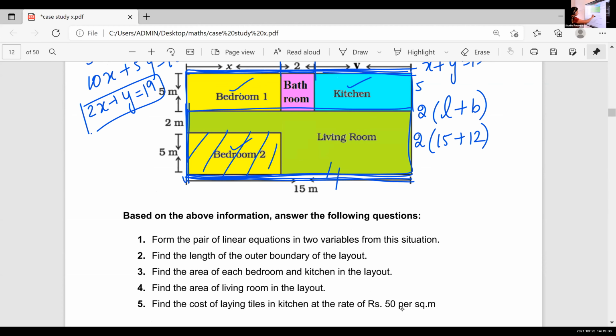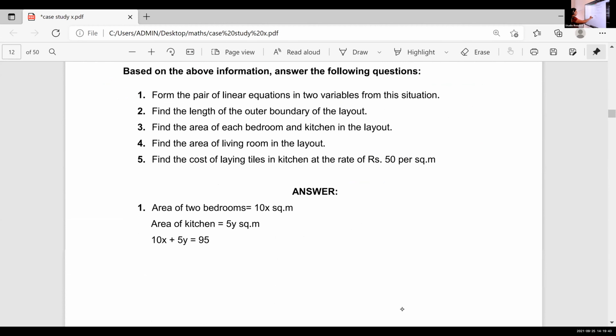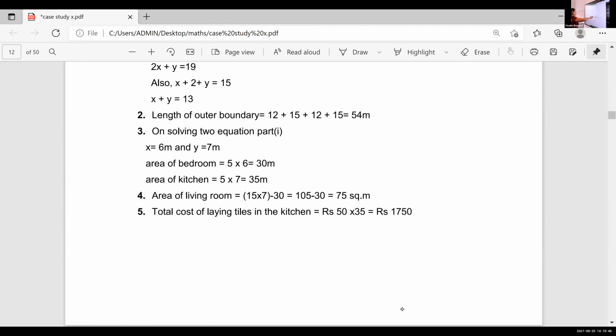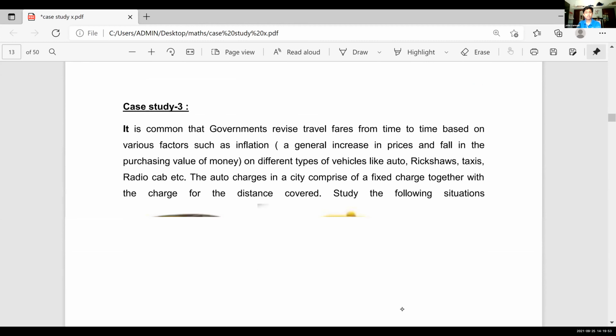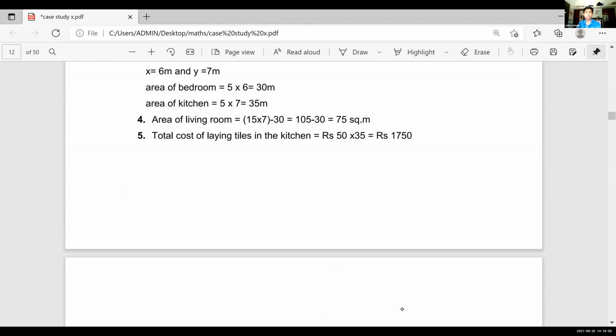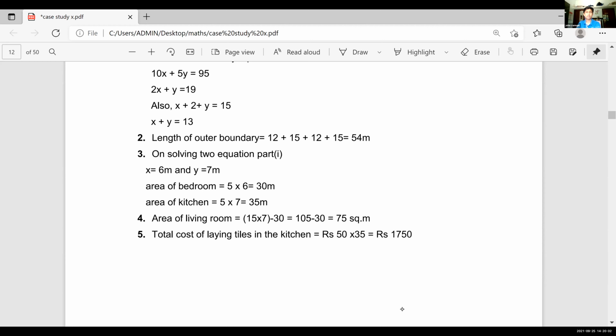You have to find the area of the kitchen, then multiplied by rupees 50. Area of the living room is 75. The area of the kitchen will be 35.